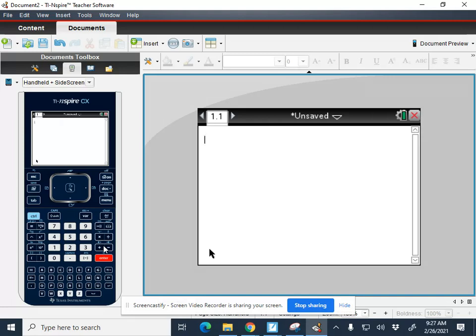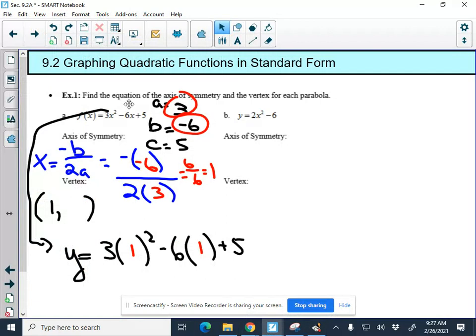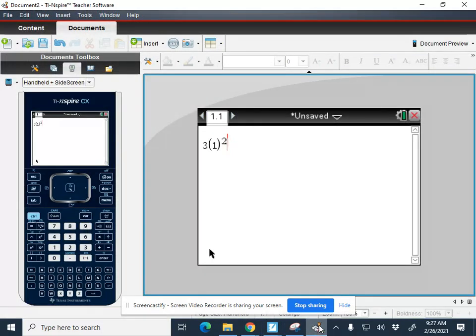All right. Now type in the 3 and put a parenthesis. We put in the 1, and then we square it. All I'm doing is I'm typing the equation, but instead of x's, I'm putting those things in. And whenever I put in an x, I put in parentheses. So then minus 6 times 1.